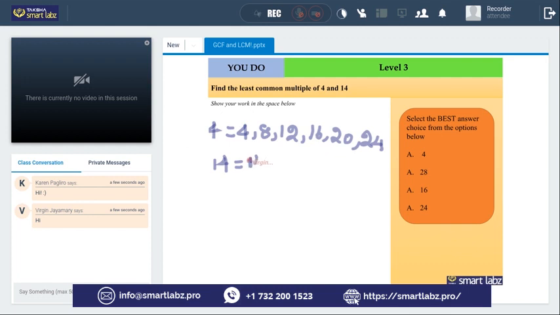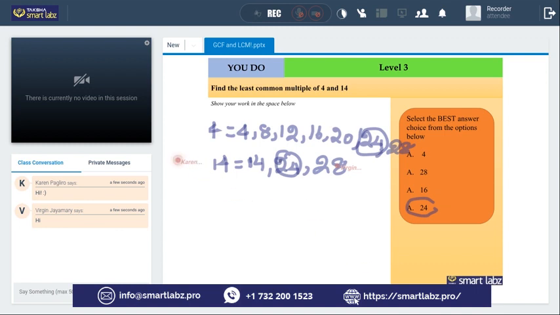1 times 14 is 14, and 2 times 14 is 28. So I think it should be 28, and 28. Yes, 28, because 14 doubled is 28.